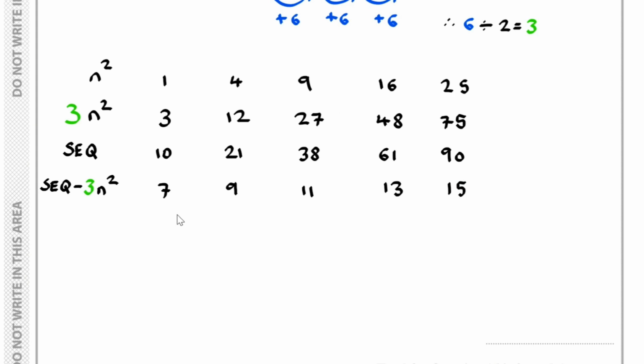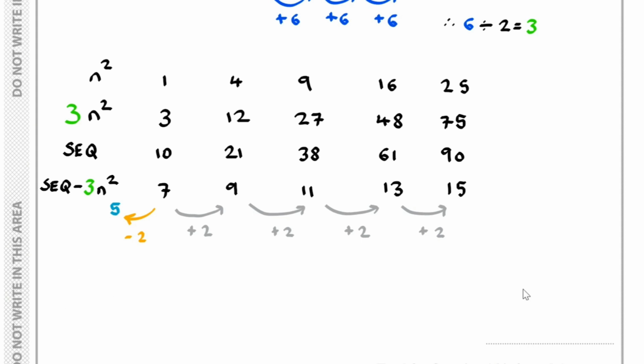And at this point, we find the difference between each of these. So the difference here is positive 2. And at this point we do the inverse of plus 2, which is subtract 2. So that gets us 5.